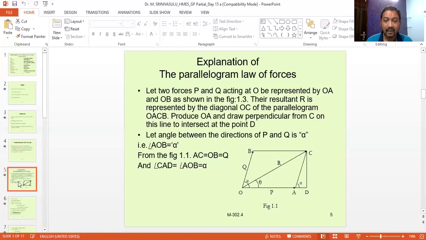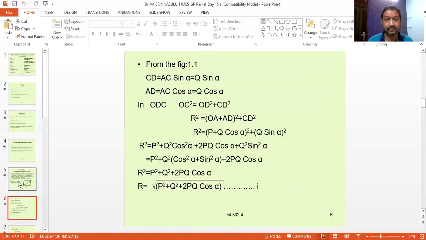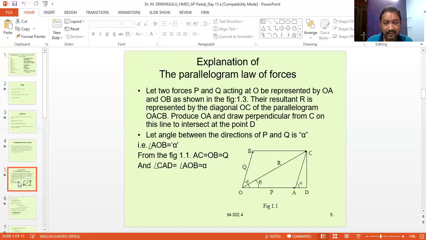Now the R is acting along the diagonal, and it makes an angle theta. So theta is the angle made by the resultant force with the horizontal, or we can say with the force P, because generally one side of the parallelogram is horizontal and the other side makes some angle with this horizontal side.